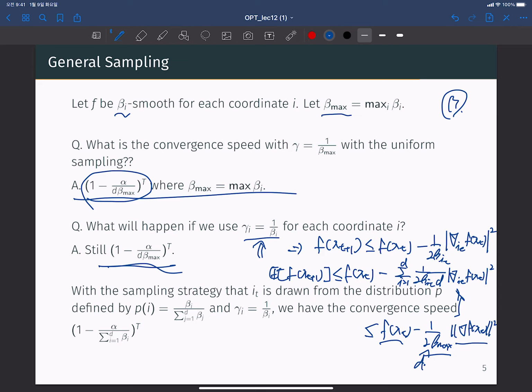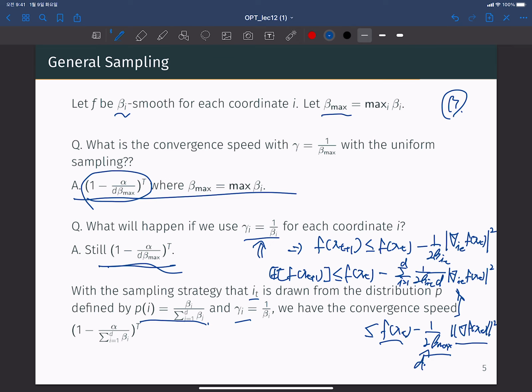But very interestingly, if we set the learning rate equal to 1 over beta i, so a coordinate dependent learning rate, and also sample it not uniformly at random, but from a distribution where each coordinate is sampled with probability beta i over the sum of beta i, proportional to the beta i parameter, then we can boost up the convergence speed.